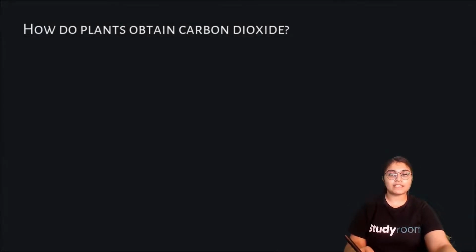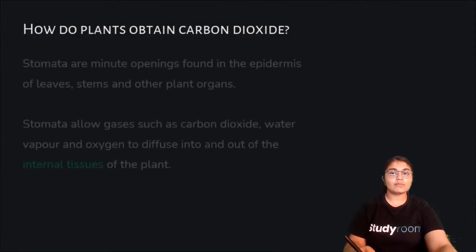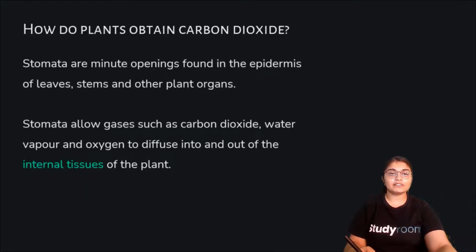How do plants obtain carbon dioxide? Stomata are minute openings found on the epidermis of leaves, stems, and other plant organs, as we just discussed. Carbon dioxide, water vapor, and oxygen all diffuse into and out of the internal tissues of the plant through stomata. So stomata is basically an apparatus through which exchange of gases takes place.